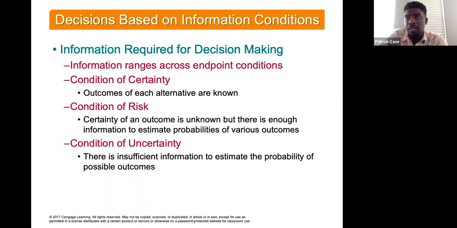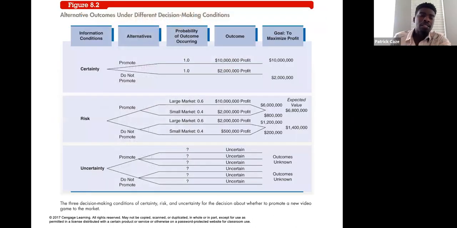What's the probability of the outcomes? I just don't have enough data or information to come to a reasonable, educated decision, or educated guess, whatever I want to call it. And so that's the condition of uncertainty, so you have to be cognizant of that and how that works.